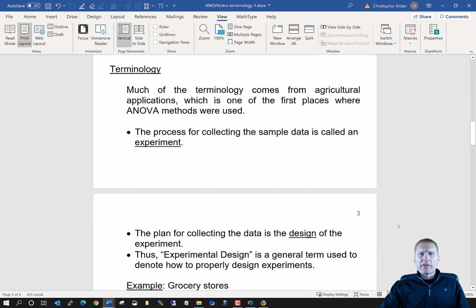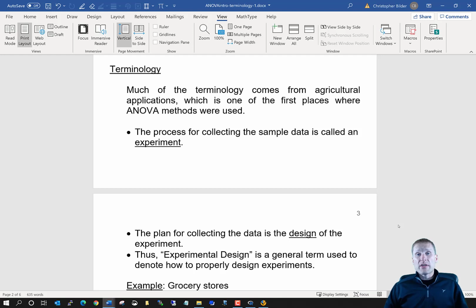Now, there's a lot of terminology that comes with analysis of variance. One of the very first places where analysis of variance was needed or used was with respect to agricultural applications. That's why, for example, most universities that have a significant agricultural component also have a Department of Statistics associated with it.